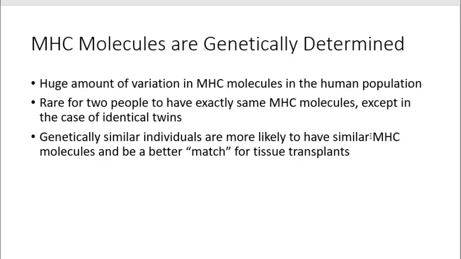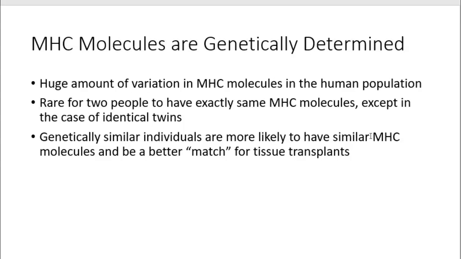So if an individual receives a transplant from another individual and the MHC molecules have not been matched, there is opportunity for the T cell to recognize that the MHC molecule is foreign and attack that cell. That is how immune cells check if a cell belongs to the body or not, simply by that MHC molecule.